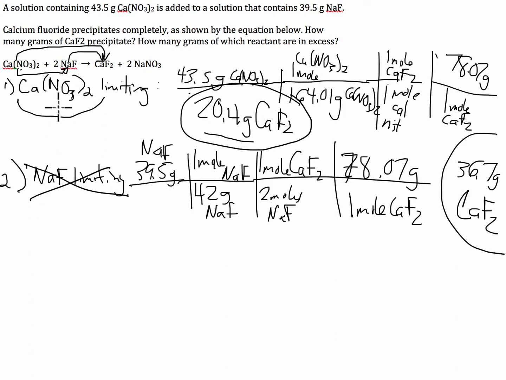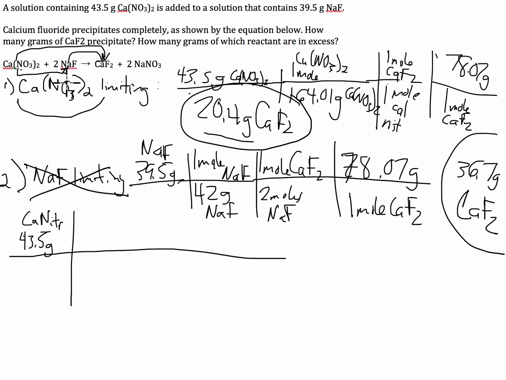If we react completely 43.5 grams of calcium nitrate, I'm going to just use this abbreviation because I'm lazy. Again, the beginning of this is going to look the same. Really what I'm calculating is how much of this I use. I know I don't use all of it, but I use some of it. So this is going to look the same.